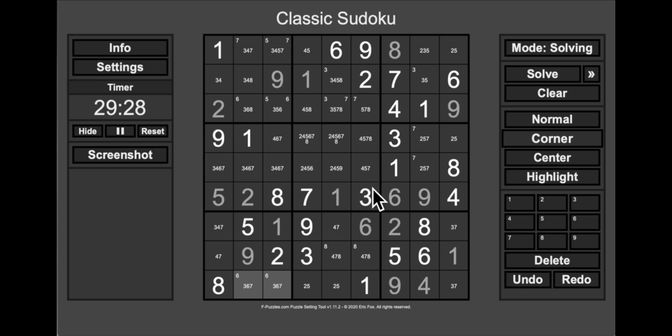What can I overlook? There's a combination of 3, 4, 6, 7 there. And that's still good. Well, it can't be 8. Can't be 8. Okay, 8's definitely in one of these two.